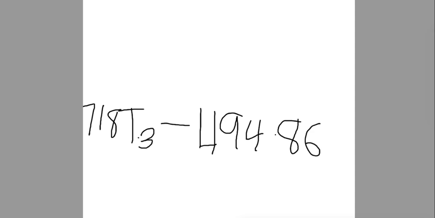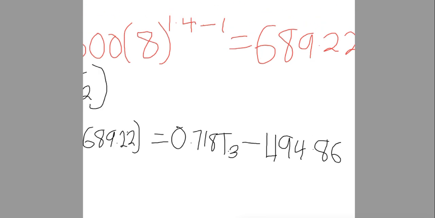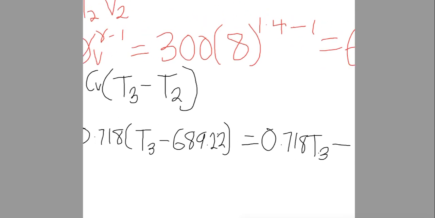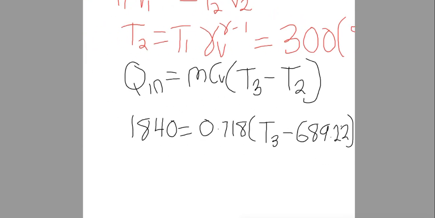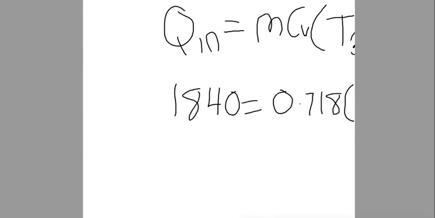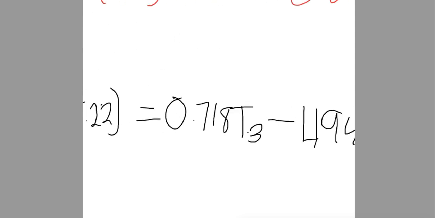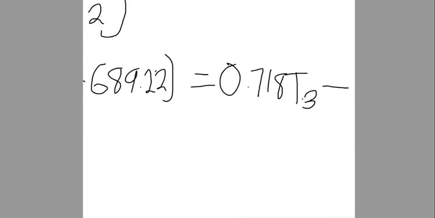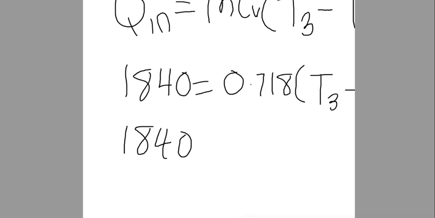Now, since we have gotten our value for this, we can just make 0.718 T3 the subject of the formula. So we are going to be having 1840, then this minus 494.86 will become plus on this other side.